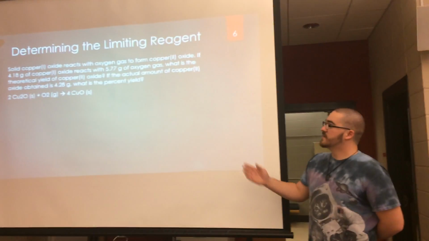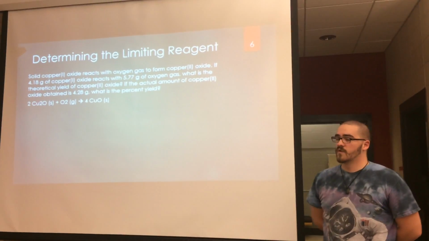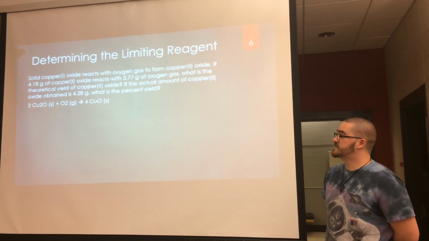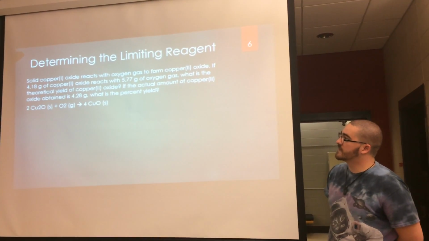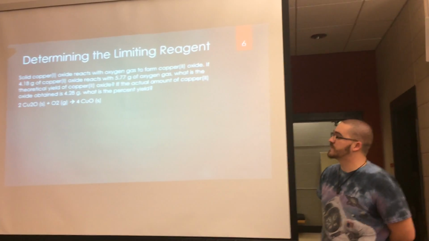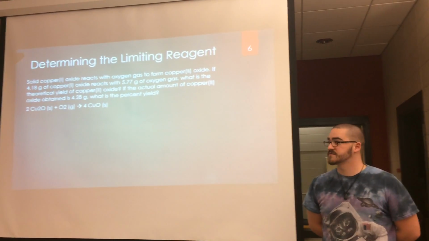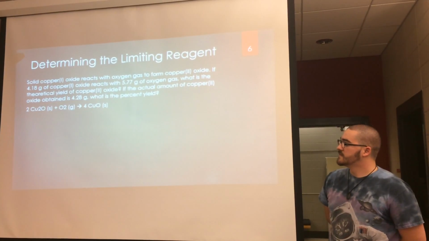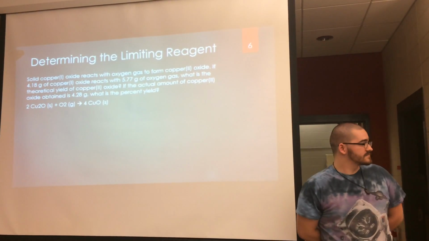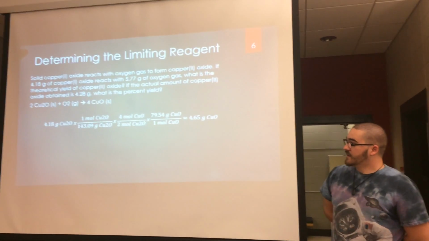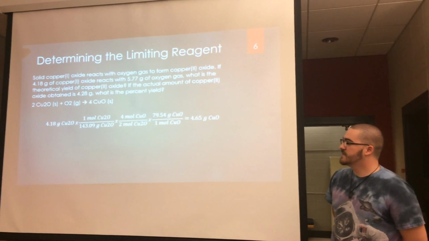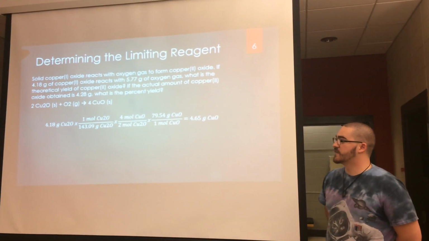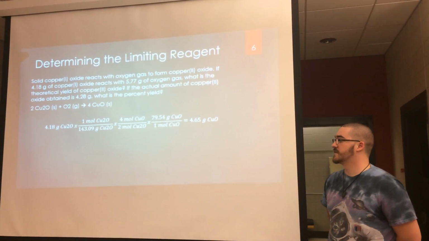To determine the limiting reagent, you have to look at the starting mass of the 2 starting materials. You start with 4.18 grams of copper(I) oxide and 5.77 grams of oxygen gas. Starting with the 4.18 grams of copper(I) oxide, you use its molar mass to convert it to moles by unit canceling.